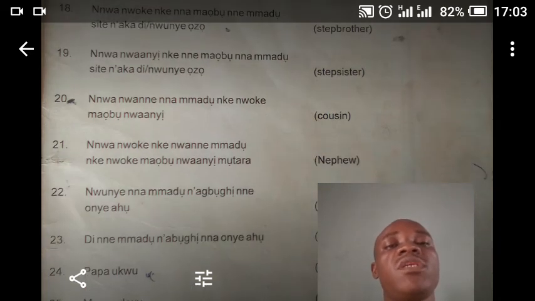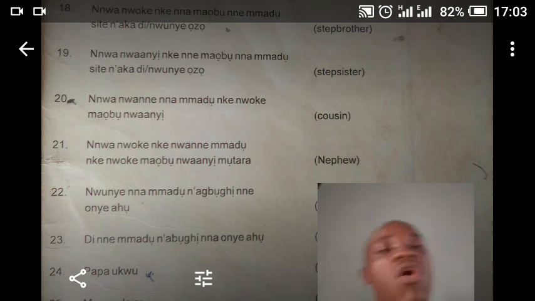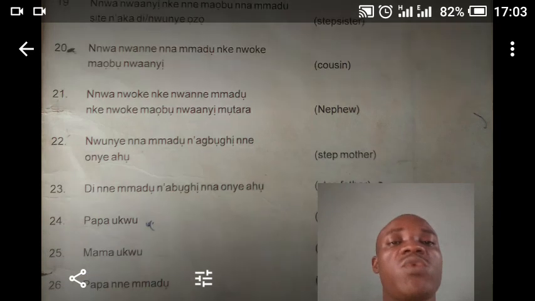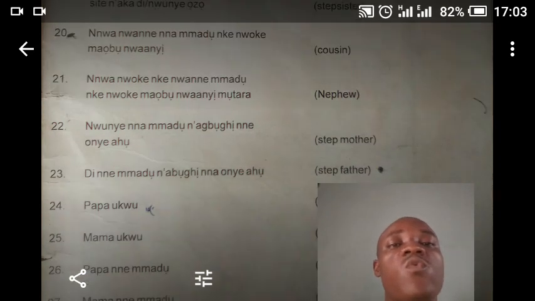The next one is nwa nwanne nna mmadụ nke nwoke ma ọ bụ nwanyị. This one is cousin. The next one is nwa nwoke nke nwanne mmadụ nke nwoke ma ọ bụ nwanyị mụtara.